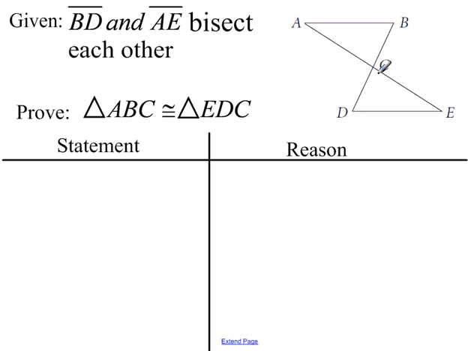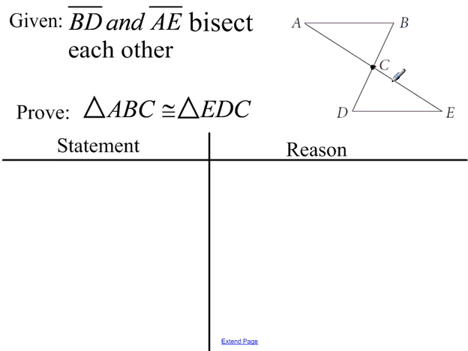So it says BD and AE bisect each other. So what does that mean? Well, look at the definition of a bisector. Go back and look at it. It means that these lines are intersecting each other at their midpoints. So C is a midpoint of AE, and C is the midpoint of BD.